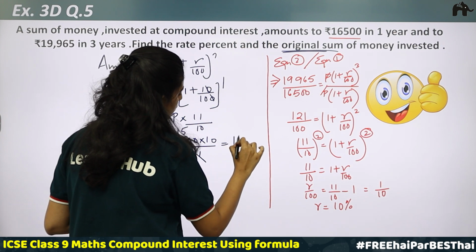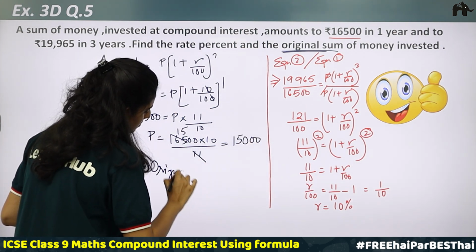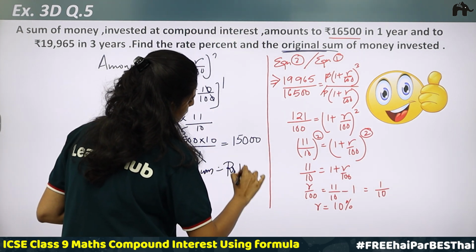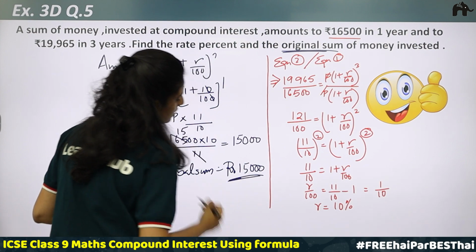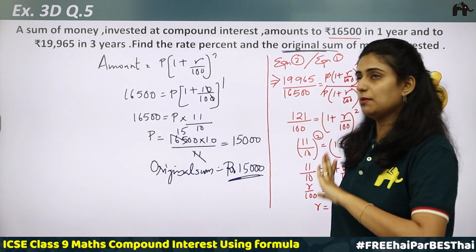So this is 15,000. Therefore, original sum is equal to rupees 15,000, and rate percentage is equal to 10%.